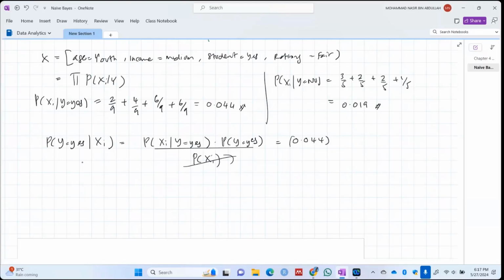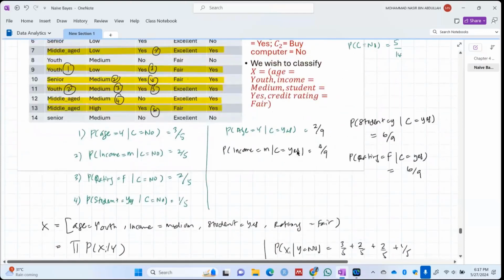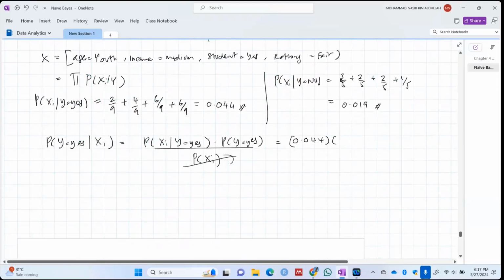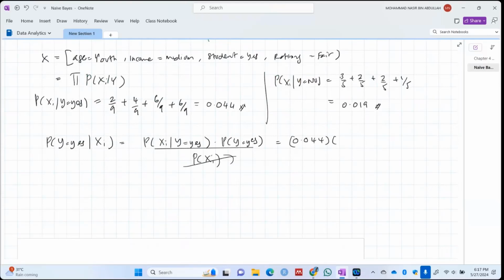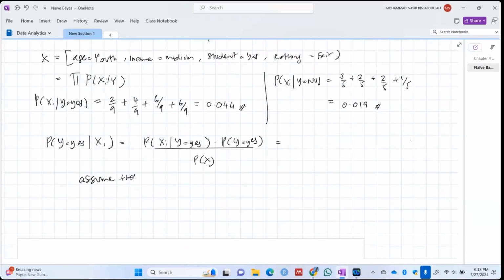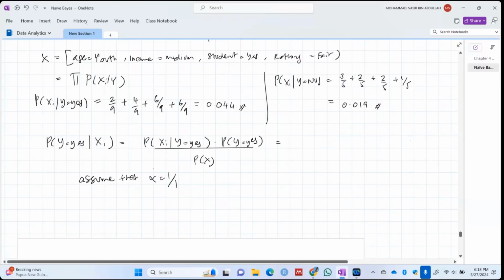Now this one should be 0.044 multiplied with probability of y equal to yes, 9 over 14. 9 over 14 is 0.643, right? So this one should be 0.028. And maybe we put it properly. Assume that 1 over probability of x equals alpha.